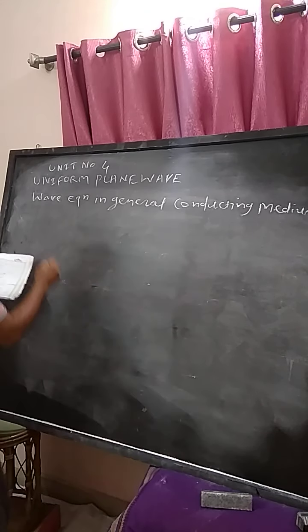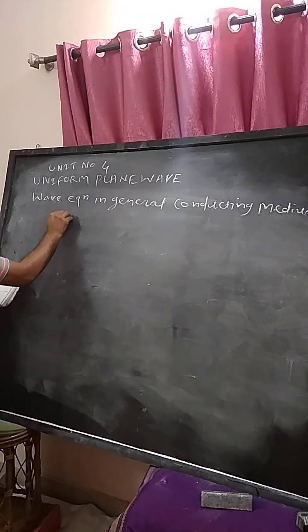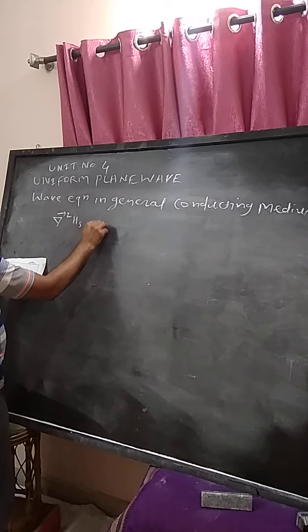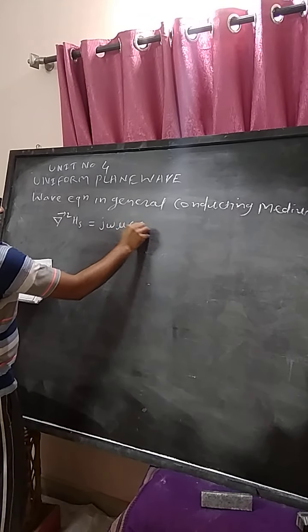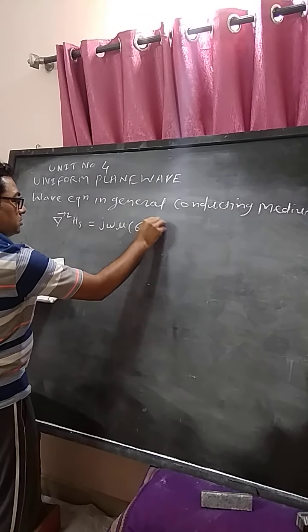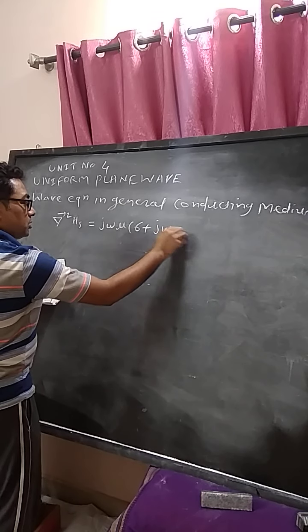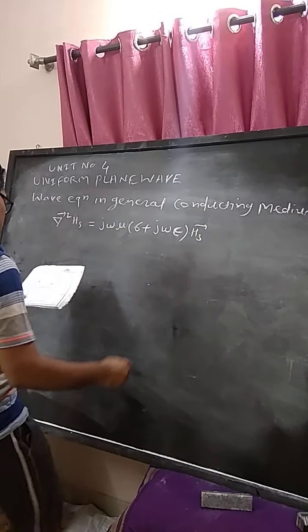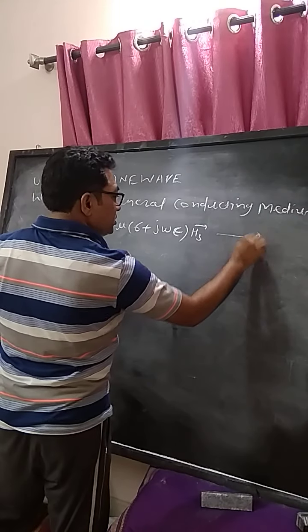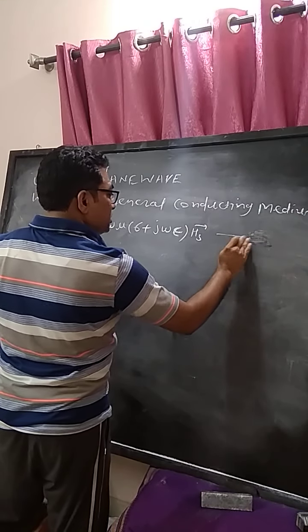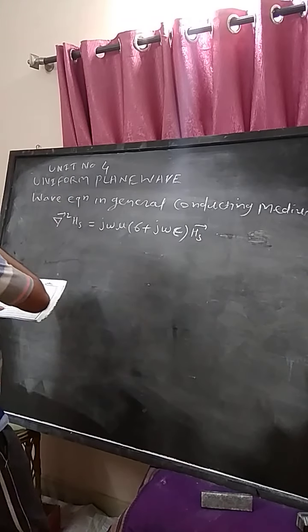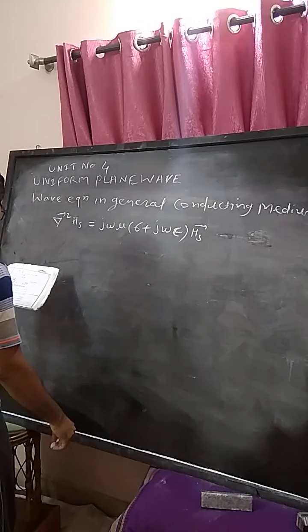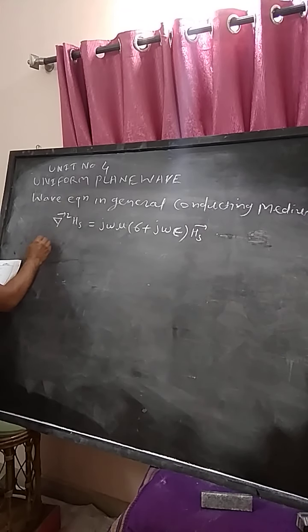The first equation is curl square Hs equal to j omega mu sigma plus j omega epsilon into Hs. This equation is called the wave equation in general conducting medium for magnetic field intensity.